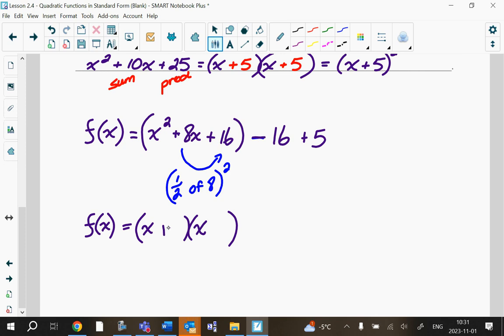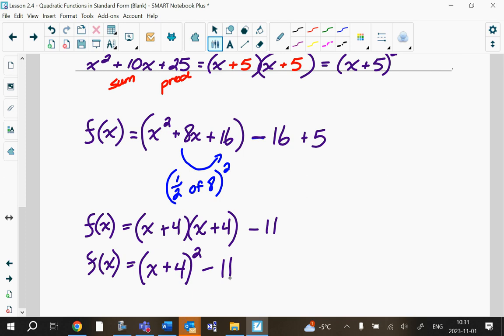Okay. And I still have a minus 16 and a plus 5 at the end. I can put them together and make minus 11. And isn't anything times itself the same as that thing squared? Vertex form.